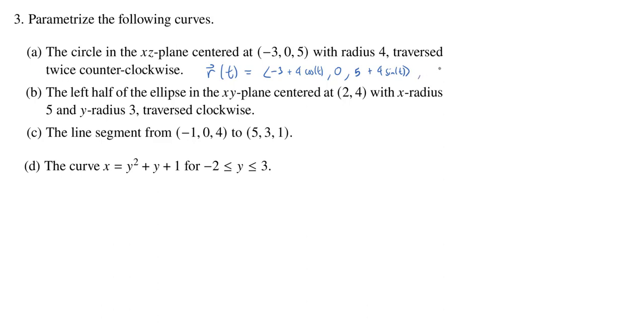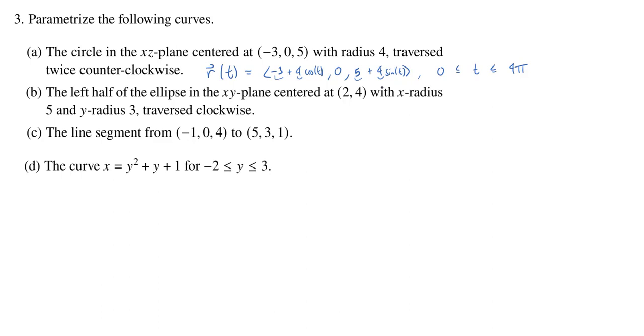So normally I would let t go between 0 and 2 pi. But if I do that, I only get to go around the circle once. So I make it 4 pi. That lets me go around the circle twice. So remember, these first pieces tell you where the center is. The constants in front of cosine and sine tell you the radius. And the cosine and sine are what's going to build our circle.